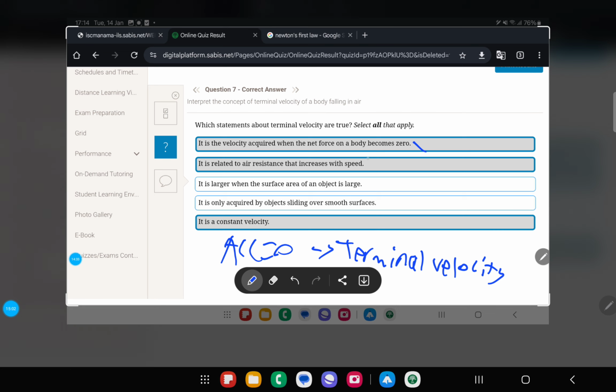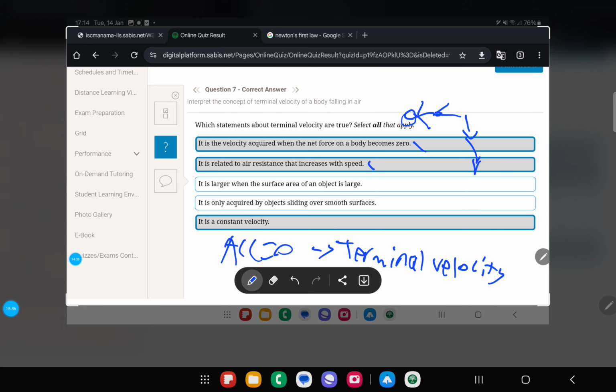Okay? Now for the second one, it is related to air resistance that increases with speed. So now let's imagine a skydiver falling. Like I said before, they're accelerating, and what makes the skydiver stop accelerating?